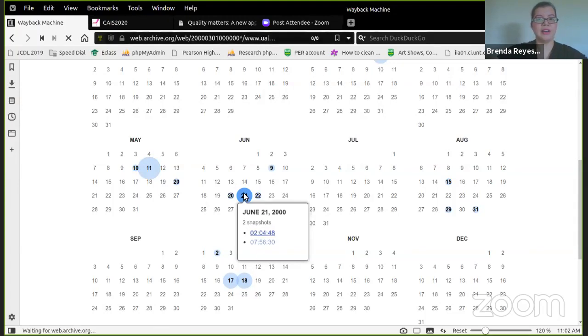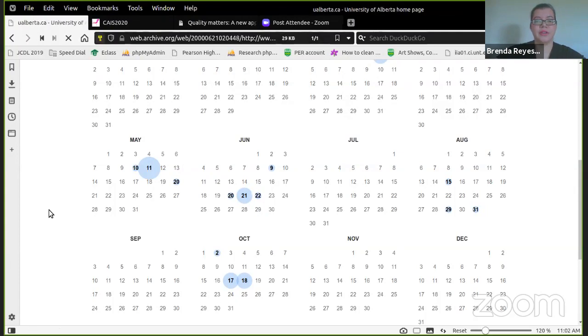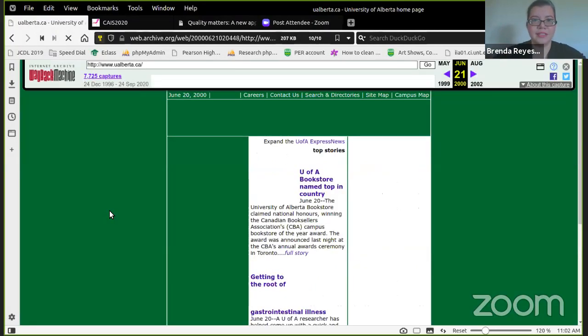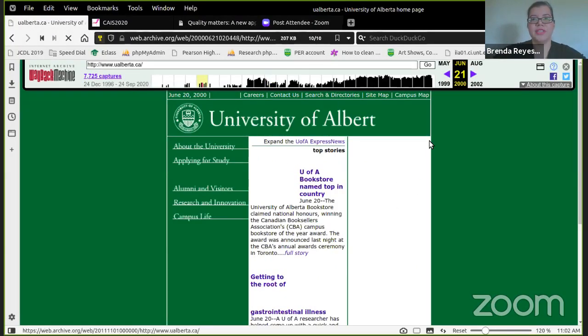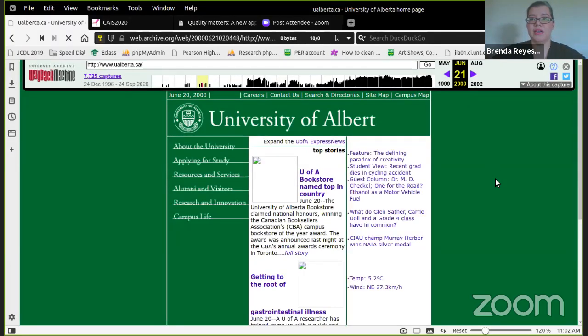And I click on it, and it takes a little while to load, but there should come up a website for the University of Alberta from that time period. There we go. It's starting to load. Depends on the connection. Yep. So you can see that this is from June 2000, and this is the website of the university.